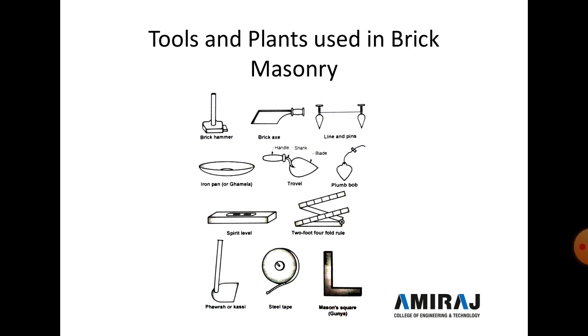Next is the pavda. The pavda is used for mixing mortar material, for dry mix or wet mix purposes. Next is the steel tape. The steel tape is used for measurement, for measuring the length, thickness or height of the wall.